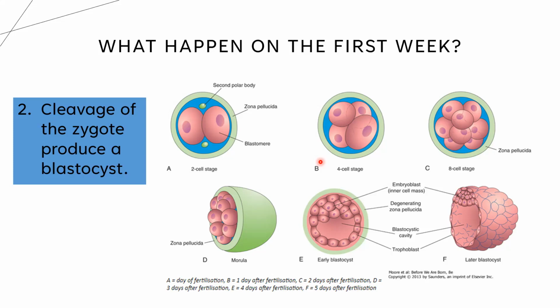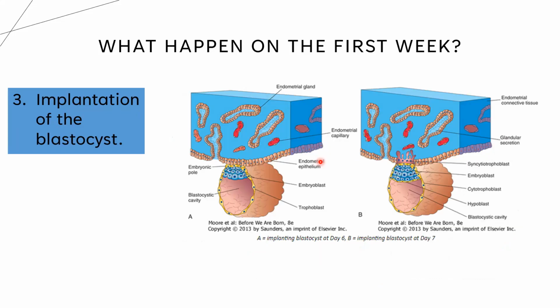I hope you know which one. Okay, and then the implantation of the blastocyst. I'll give you the answer. The blastocyst will be implanted into the endometrial wall, the inner wall of the uterus.